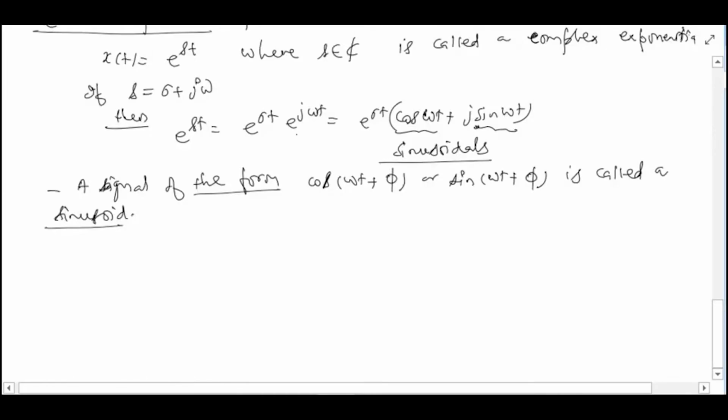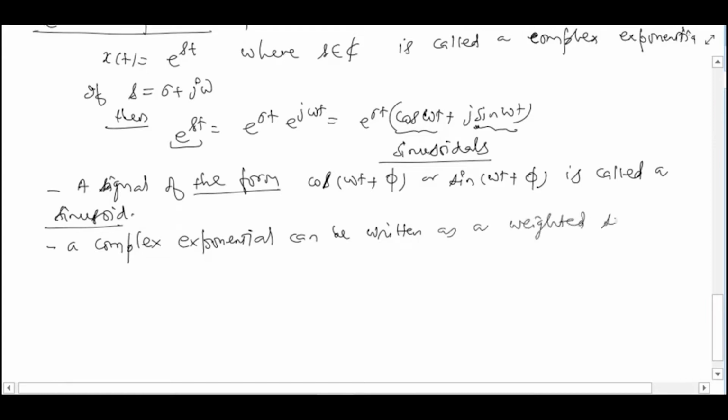So what we see is that a complex exponential can be written as a weighted sum of sinusoidal signals.